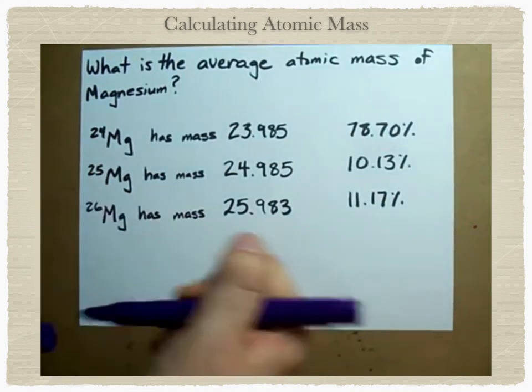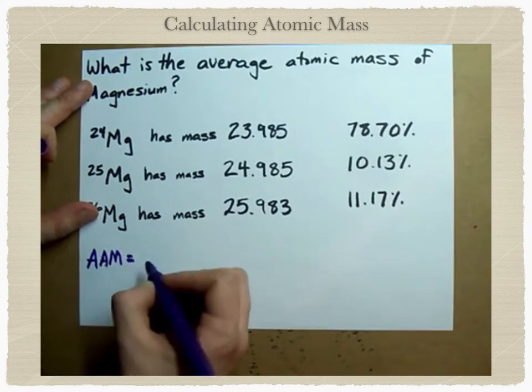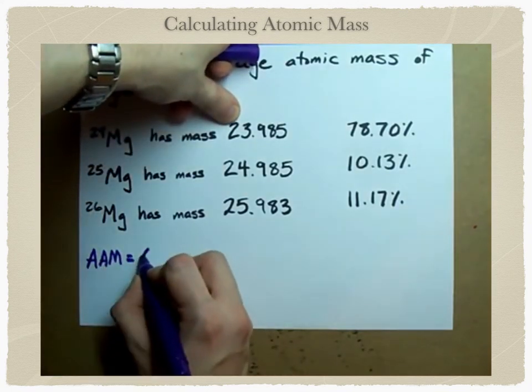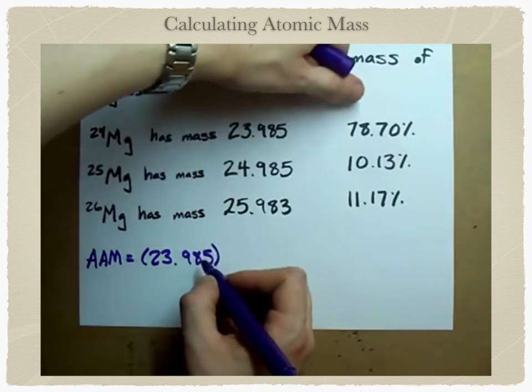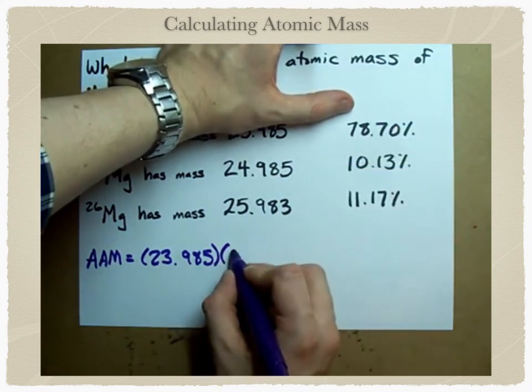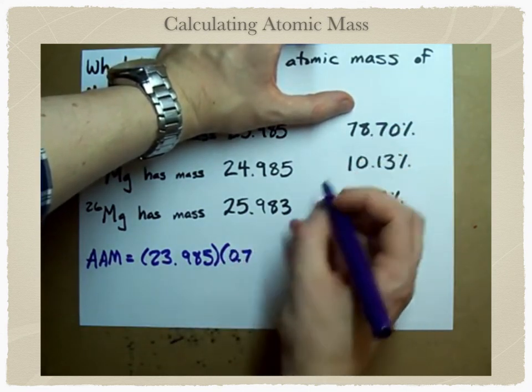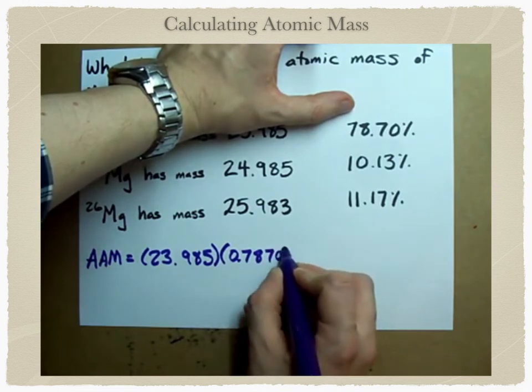All you need to do to find the average atomic mass is multiply each of the masses, for example 23.985, by each of the isotopic abundances. Make sure you write your percentages as decimals, 78.7% being 0.7870.